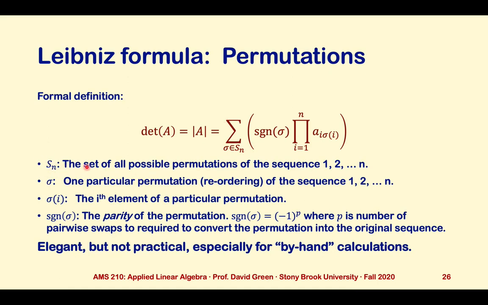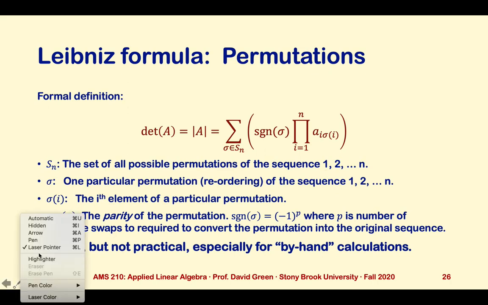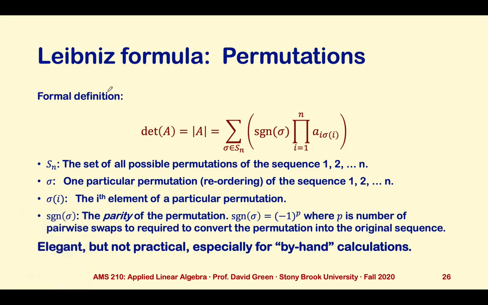Sn we're going to define as the set of all possible permutations of the set 1 through n. So just as an example of what this means, for the two-dimensional case, S2 would be the set defined by one sequence, 1, 2, and another sequence, 2, 1.